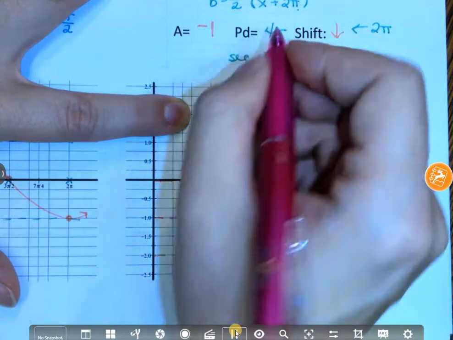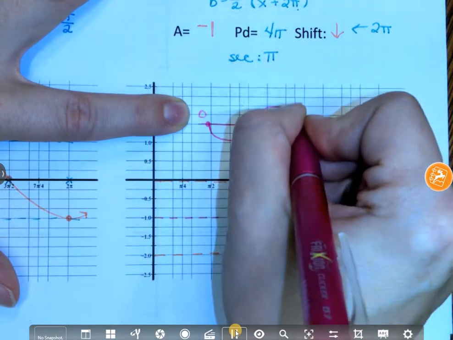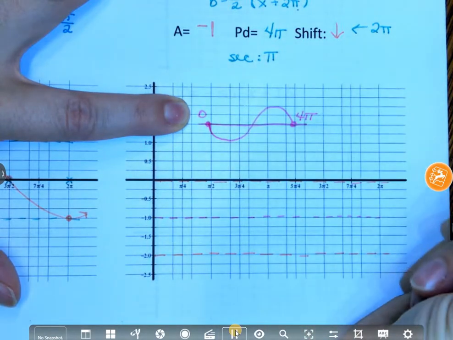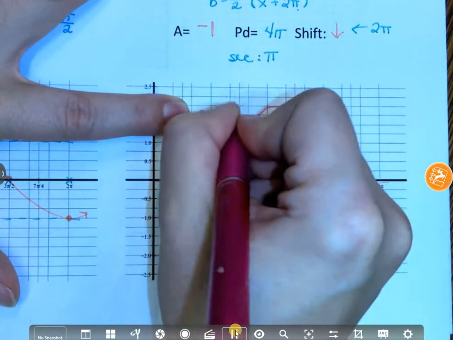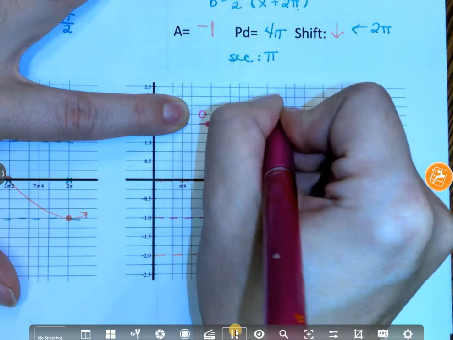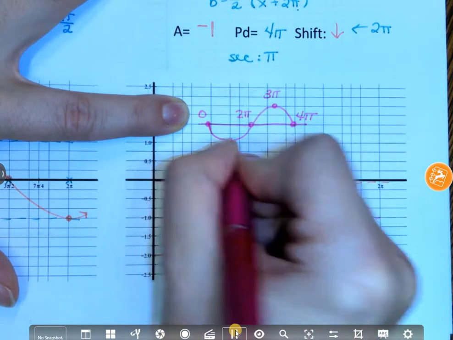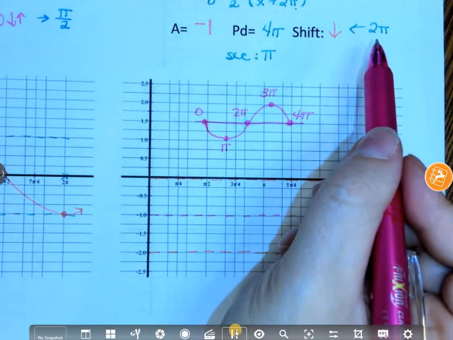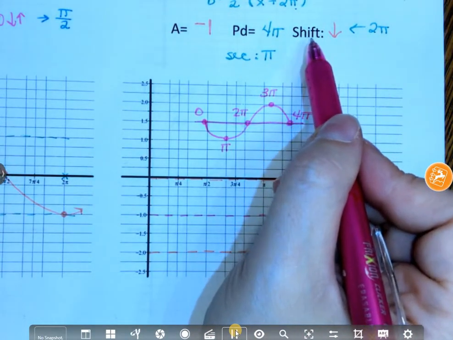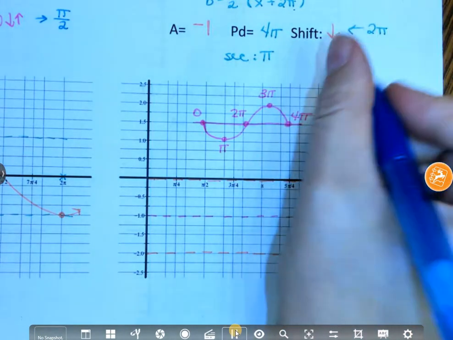And since my full period goes from 0 to 4 pi, the middle spot would be 2 pi, this would be 3 pi, this would be pi. I am going to shift each of those points left 2 pi.